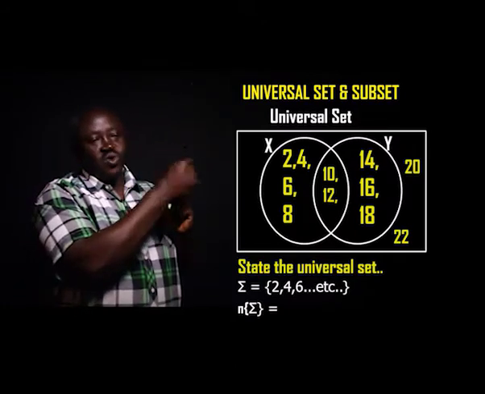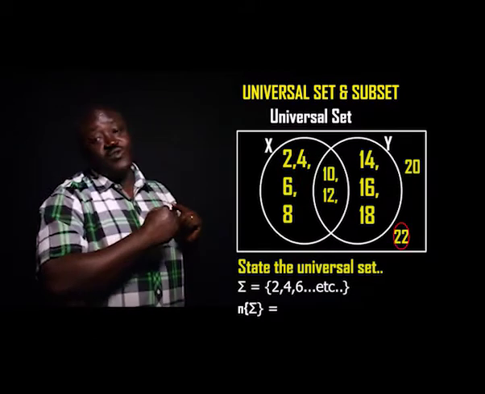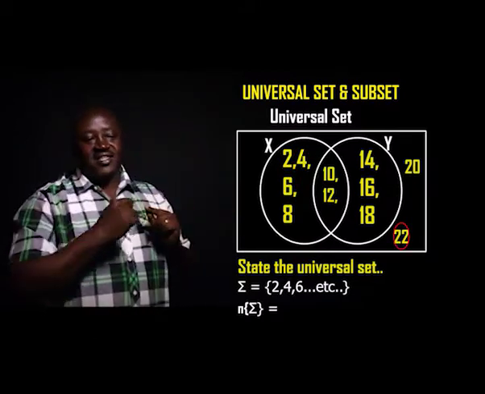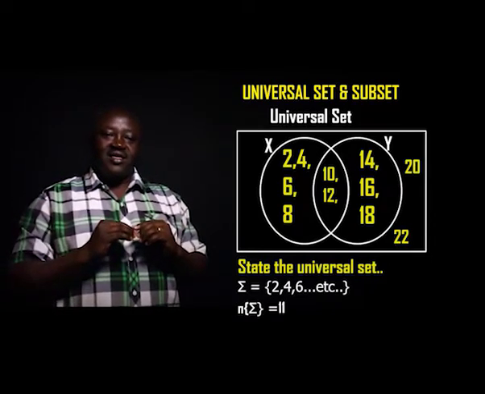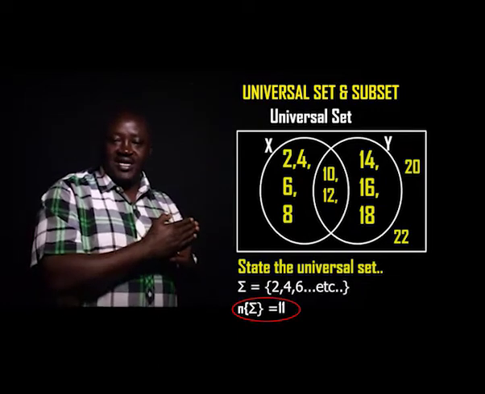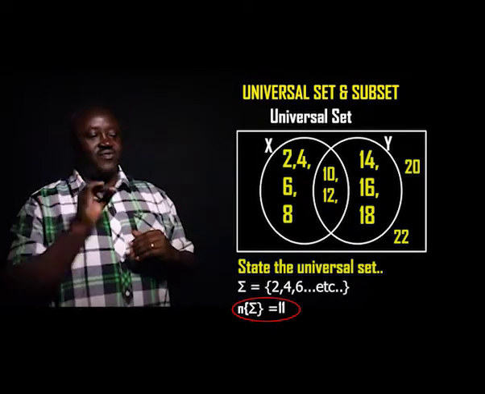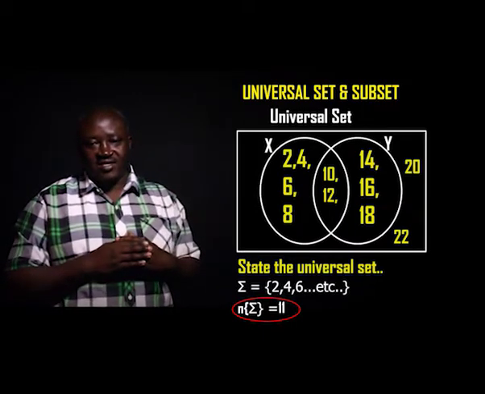Just go and count 1, 2, 3, 4, and if you count all these members, they will give you 11 members. Therefore, the number of members in this universal set is 11. And that's how we look at universal set.